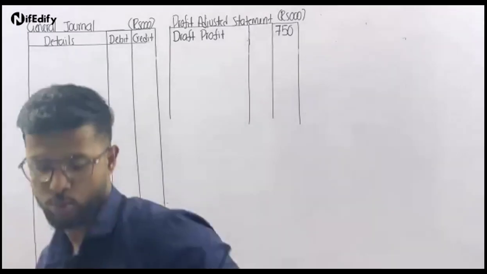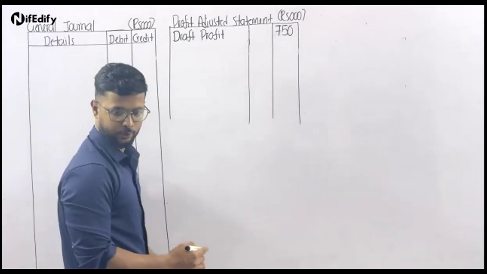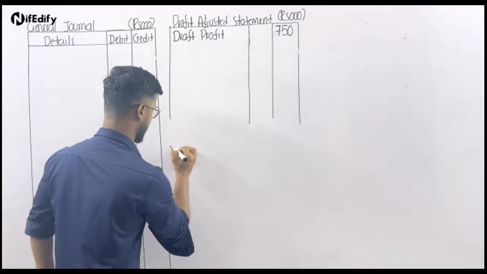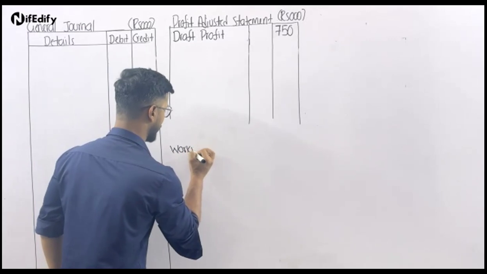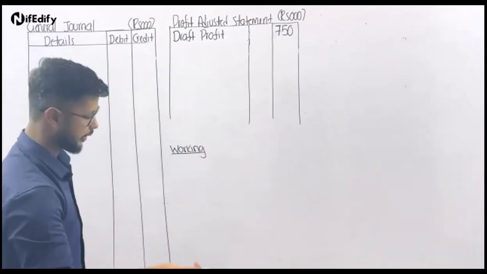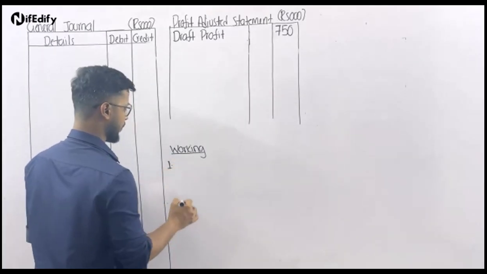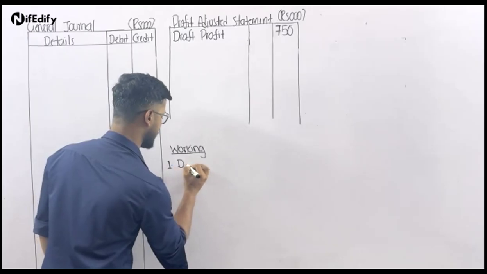Now go to our method. You know the method that we use, right? Let me say working. You don't need to show the workings, but I'm just doing it for understanding. What's the double entry for discount allowed?